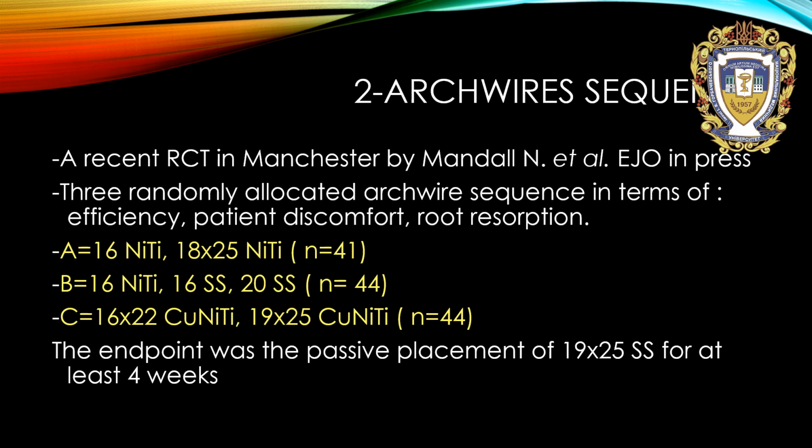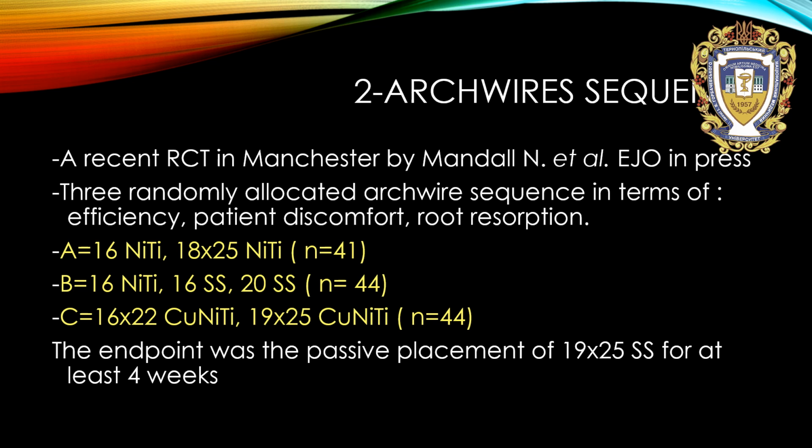Next one, group B: 16 NiTi, 16 stainless steel, 20 stainless steel, quantity of patients 44. And group C used archwires 16x22 copper NiTi, 19x25 copper NiTi, quantity of patients 44.